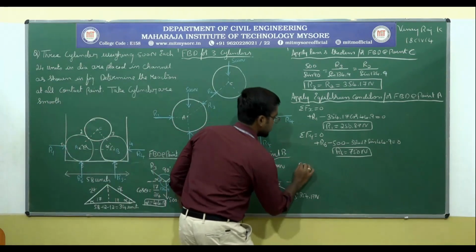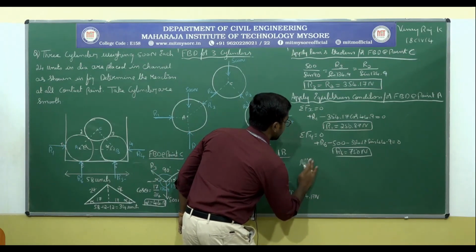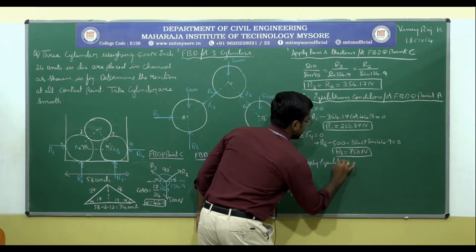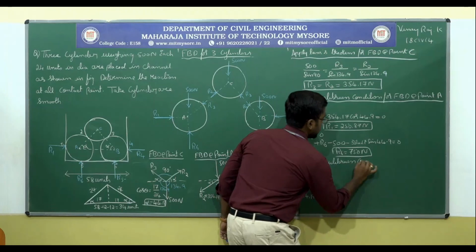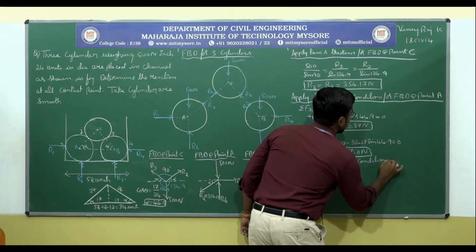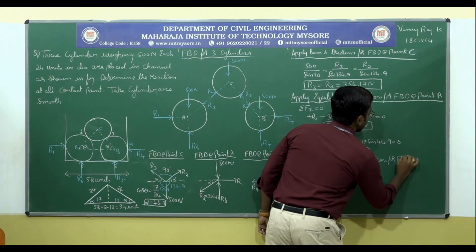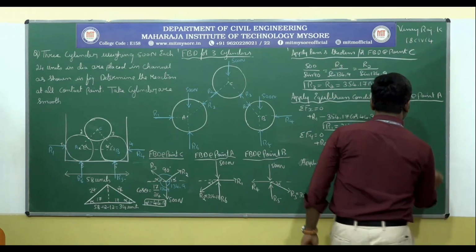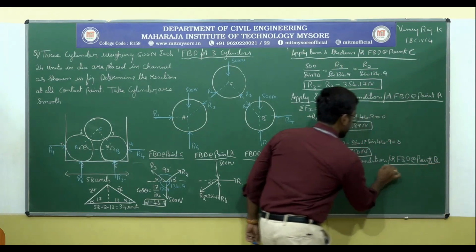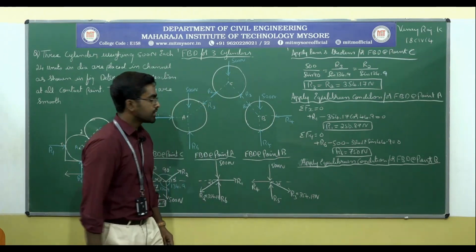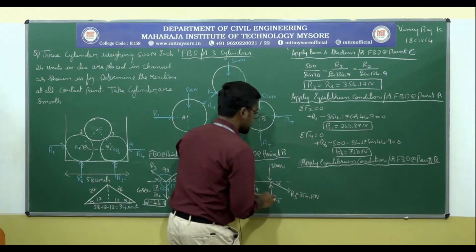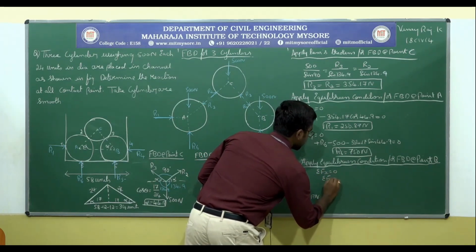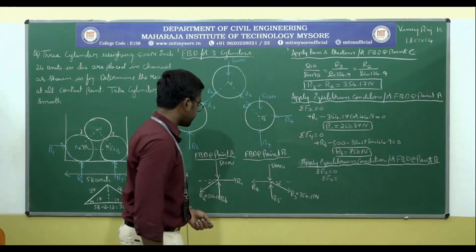Now I need to apply the equilibrium condition for the free body diagram at point B. At point B, summation of Fx is equal to 0.